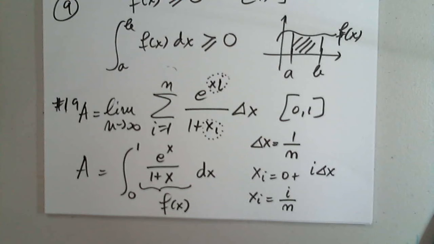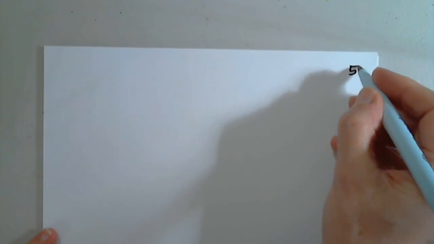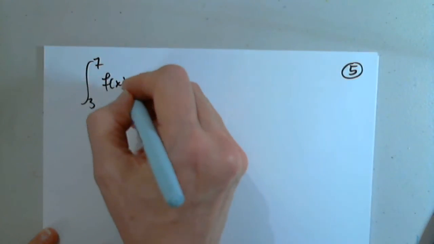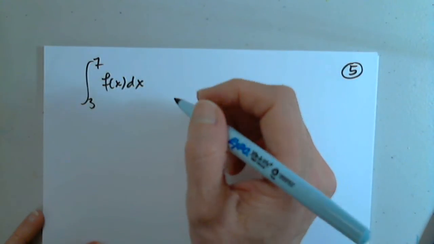So here I have to determine the area of this triangle, base times height divided by 2. And at 7, I have base times height divided by 2. But because this is positive and this is negative, I'm going to write it. You will encounter problems like this in WebAssign. So the integral from 3 to 7 of f of x dx, I'm going to stop sharing in a second.